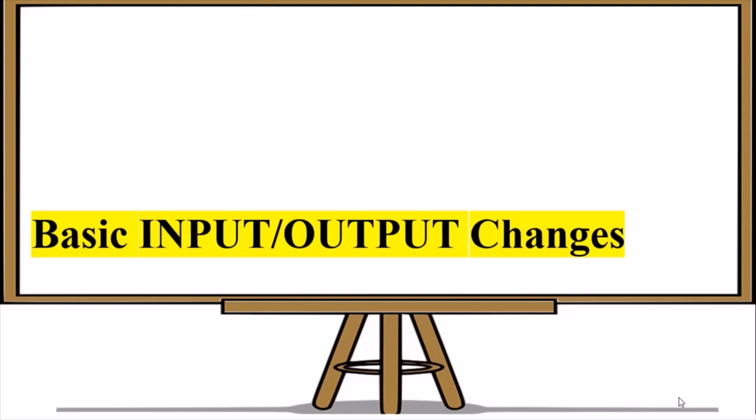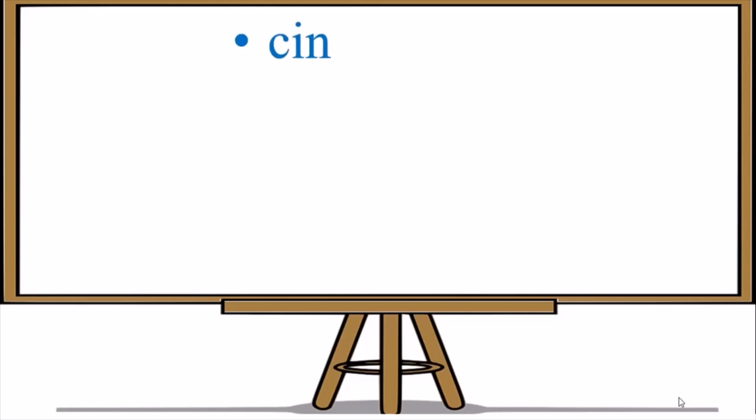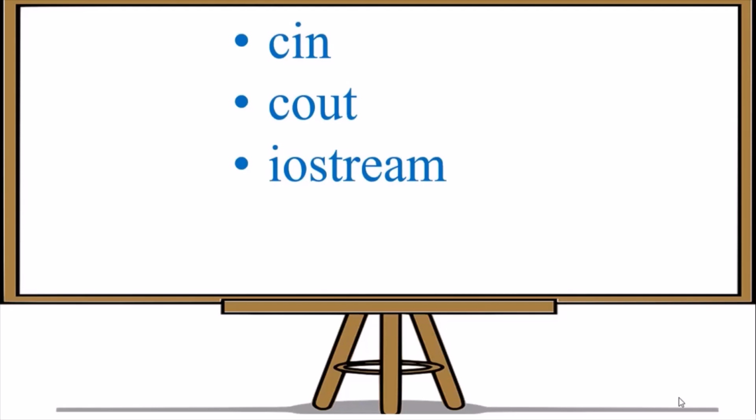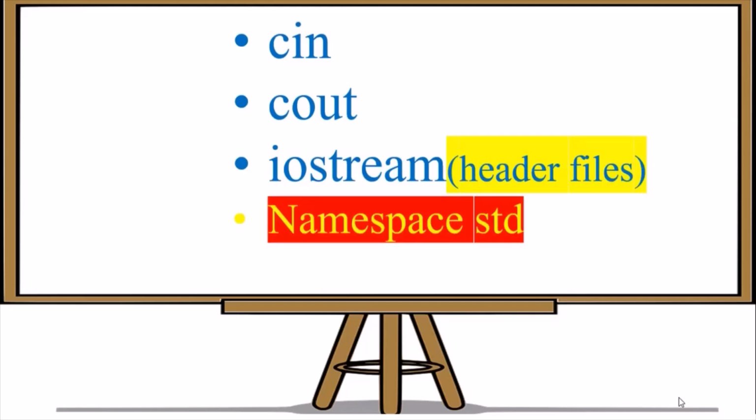Now, what about the basic input output? Basic input output in C programming was printf and scanf, right? Now in C++ we have to use cin, cout, and the iostream header file for this. Namespace std is for GUI editors, right?